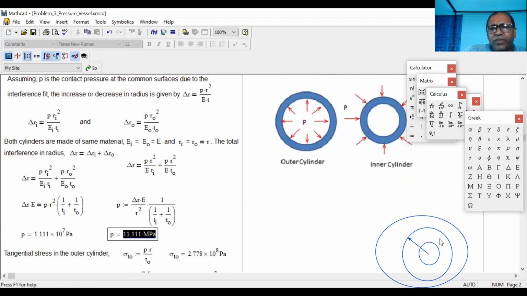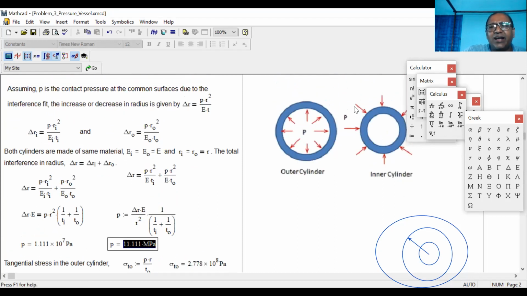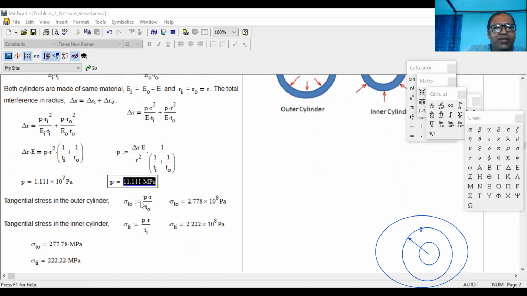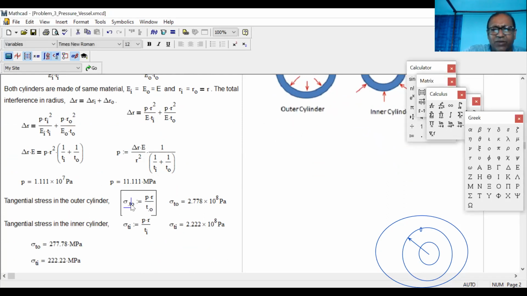This value of P is at the contact surface. That means right over here, the outer cylinder feels pressure from inside, and the inner cylinder feels pressure from outside. So now you just use the formula sigma T equals PR by T. T naught represents the outer cylinder, and Ti represents the inner cylinder.